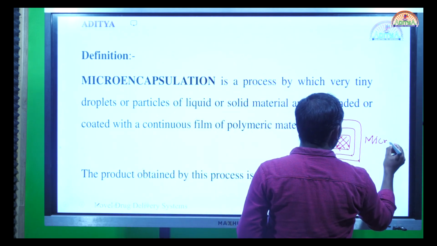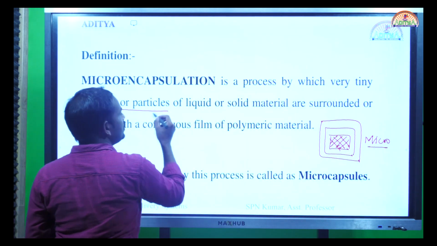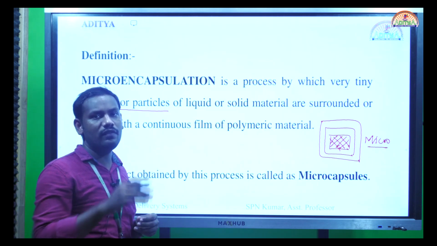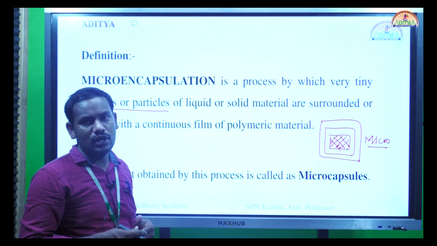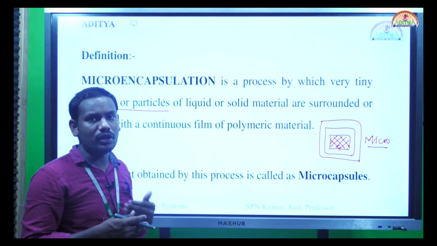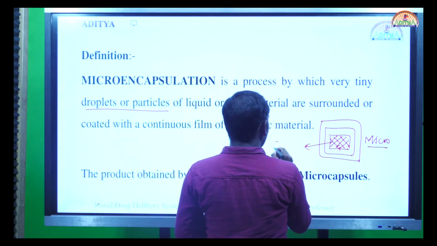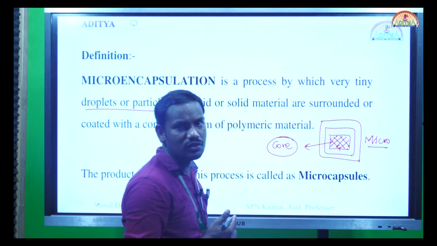So we are going to give coating to particles or droplets in the micron range, to which you give a coating polymer solution to enhance stability, to control the drug release, or to protect the drug substance. Say, for example, there is a core material which is oxygen sensitive or undergoes hydrolysis on a high scale.